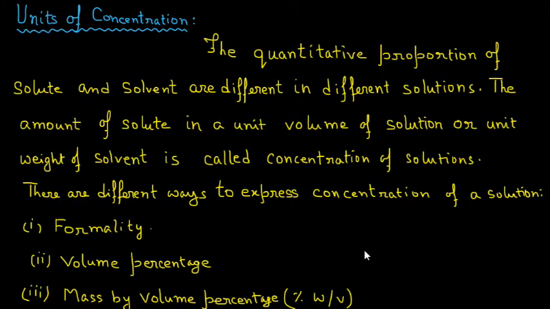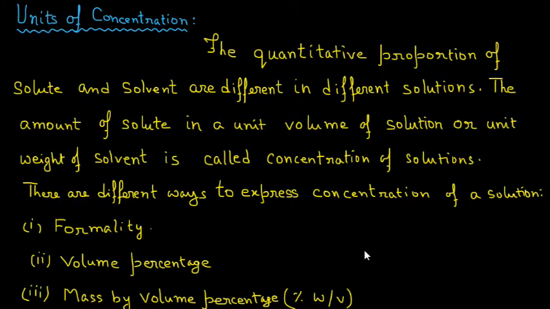The quantitative proportion of solute and solvent is different in different solutions. The amount of solute in a unit volume of solution or unit weight of solvent is called the concentration of the solution.